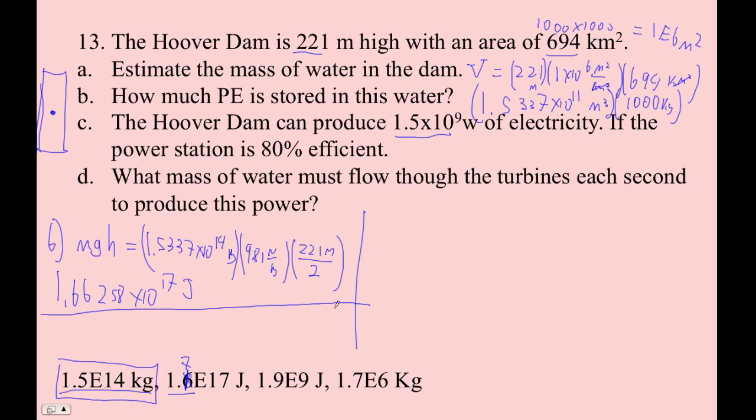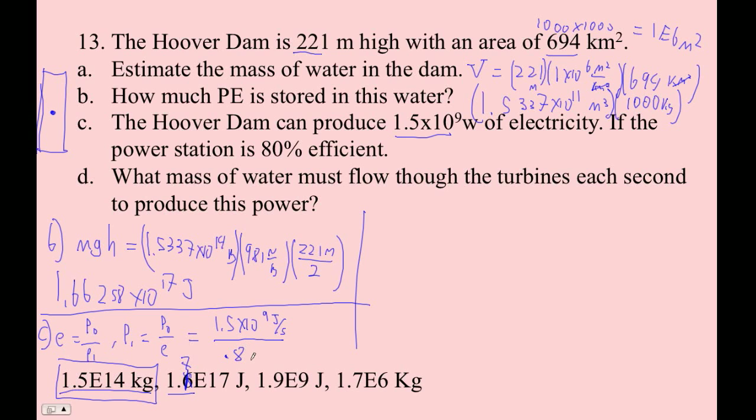So for C, I'm going to say that efficiency is power output over power input. So therefore, power input is power output divided by efficiency. So that's going to be 1.5 times 10 to the 9th, and that's of course joules per second, divided by 0.8.